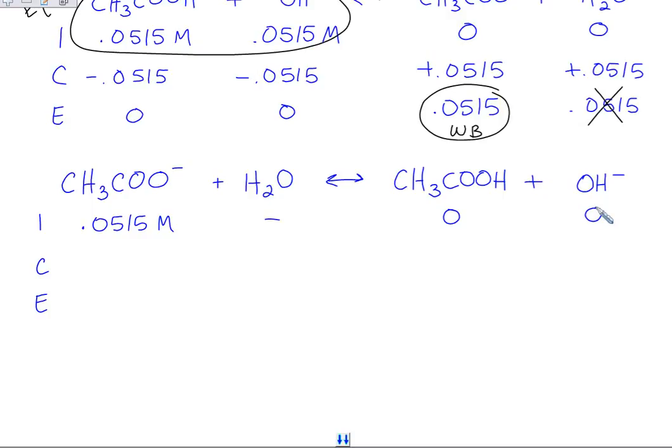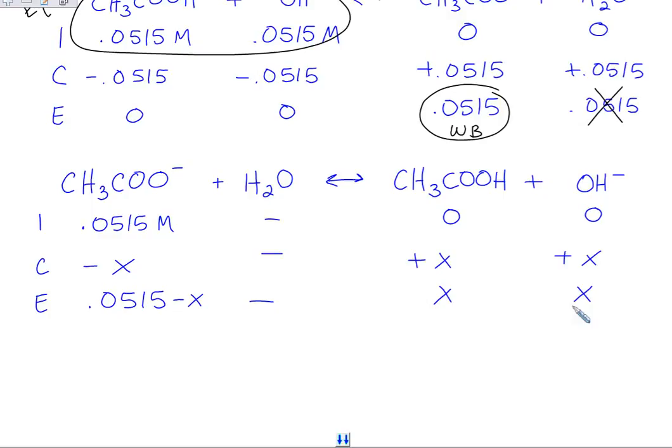But we know that this acetate ion, being a weak base, will have the tendency to remove hydrogen from the water molecule. All right, so this has to go forward. We just don't know by how much. So we'll call it X. 0.0515 minus X. We're not going to care about the water. These are going to go up by X. Up by X. So they will just be X and X.